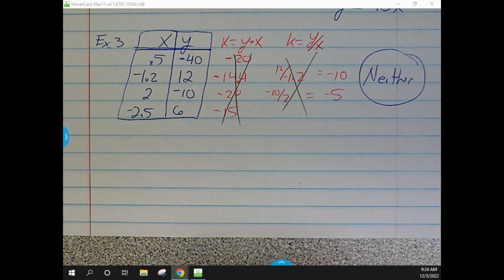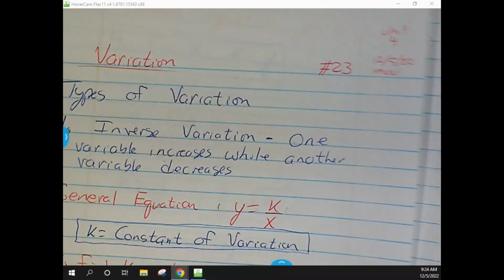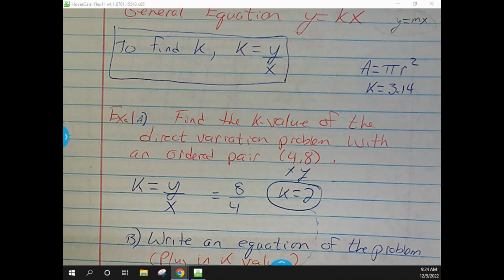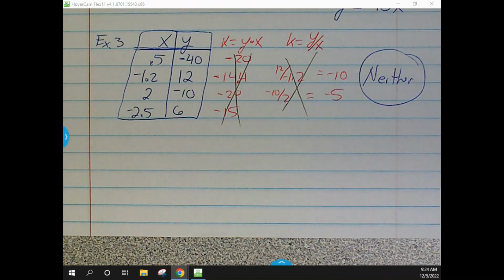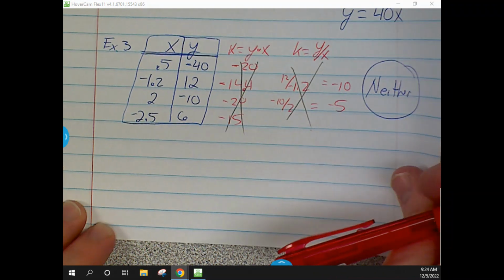Okay, so now here's the big difference when we talk about these. We stick with just these two. Direct and inverse, if we look at them in just the basic sense, they always have just two variables, which we'll look at to use as x and y. The third type that we look at can have more than just two variables. So it's not really harder, it's just that it's not as straightforward as some of the other things that we look at.